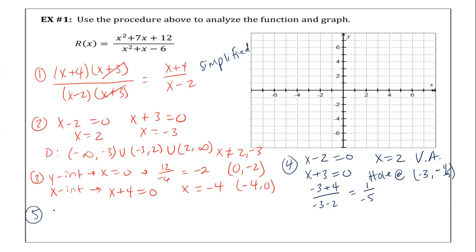It's the leading coefficients, because the degree of your numerator is equal to the degree of your denominator. So remember, that's y equals leading coefficient divided by leading coefficient. The leading coefficient of my numerator is 1, the leading coefficient of my denominator is 1, and 1 divided by 1 is 1. So y equals 1 is my horizontal asymptote.